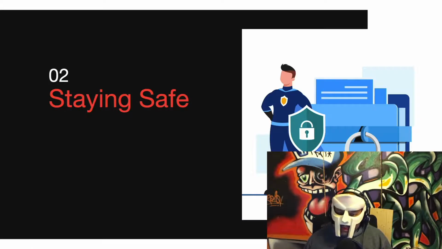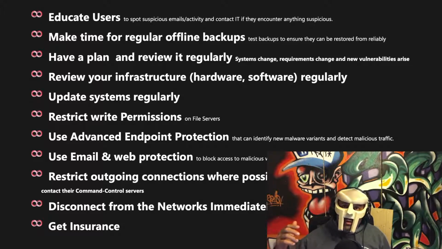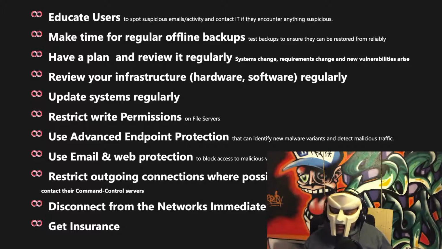So how do we stay safe? This is, of course, for most of you who have seen my other videos, a recap. You want to educate your users to spot suspicious emails or activity and contact IT if they encounter anything suspicious. A lot of these ransomware groups get in through vulnerabilities in something like a Microsoft Exchange server, or a VPN, old VPN keys that are somehow leaked through some GitHub or whatever.